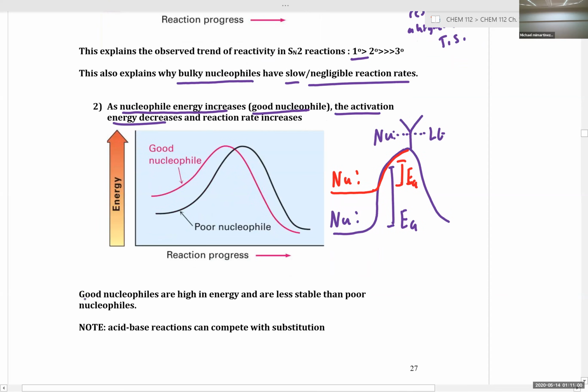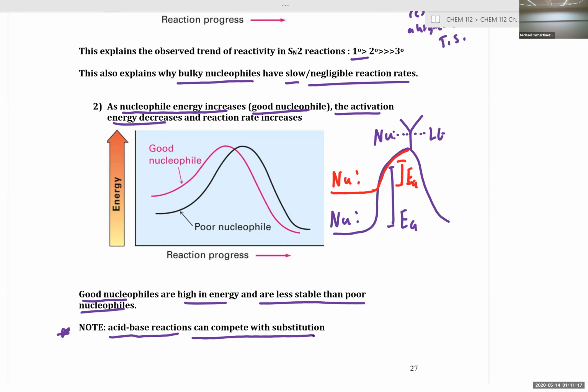So good nucleophiles are high in energy and are less stable than poor nucleophiles. One thing that I do want you to note is that acid-base reactions can compete with substitution. If you get to these really high energy nucleophiles, you can sometimes see competing acid-base reactions at play.